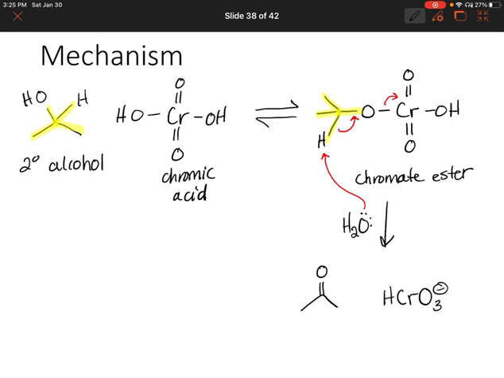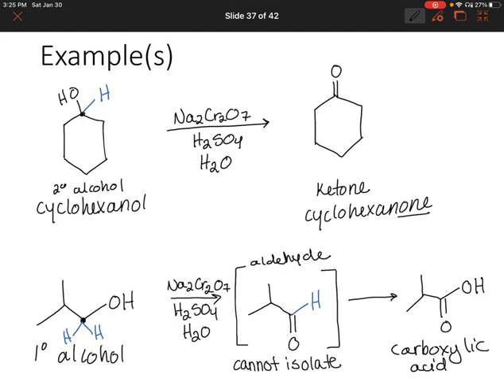Now, earlier I mentioned that we cannot isolate the aldehyde in our primary alcohol oxidation step because it just turns into a carboxylic acid pretty much right away. But what we could do is use something like a gentle oxidizer, so something that's not quite as oxidizing as chromic acid.